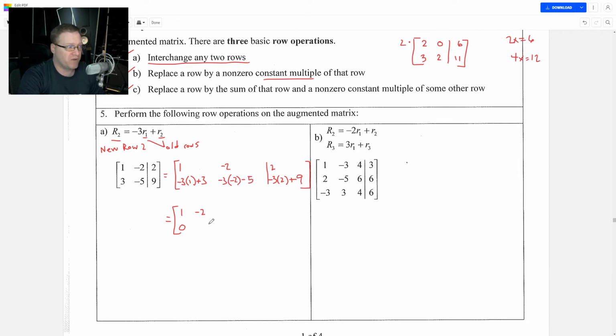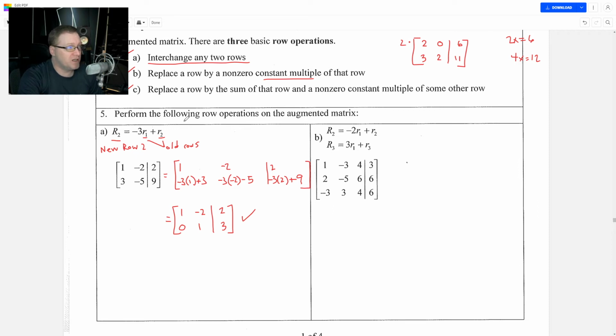So 6 minus 5 is 1. Good. Then we're going to draw our line down because this is an augmented matrix. The first one here is 2. And then the second one here is -3 times 2, which is -6, plus 9 is 3. So we have 2, 3. And that's it. We're done.